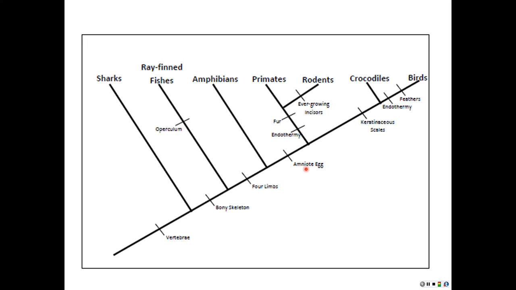There are different types of apomorphies. What we would call a synapomorphy. And when we see syn, that usually means same. Synapomorphies are shared by two or more taxa.